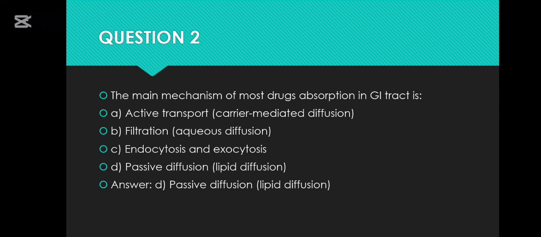That hydrophobic core can only deal with things that are water hating, and those are lipids. So this is the reason why passive diffusion becomes the main mechanism of most drug absorption in the GIT specifically. Are we together? So never forget, it's passive diffusion.